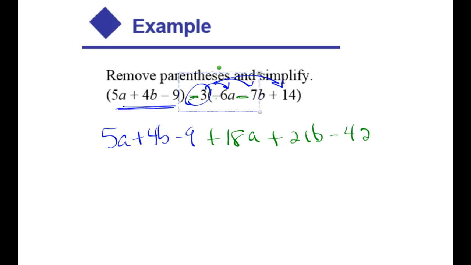Next, I'm going to be combining some like terms. So my a terms, I don't have any other a terms, so 18 and 5. I'll grab the b terms.